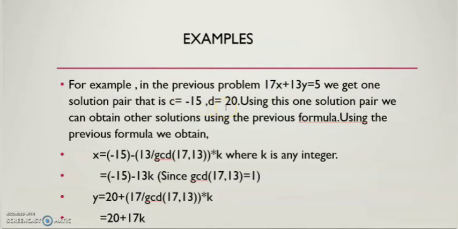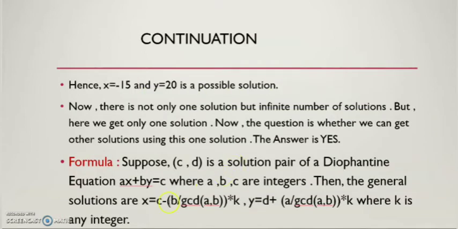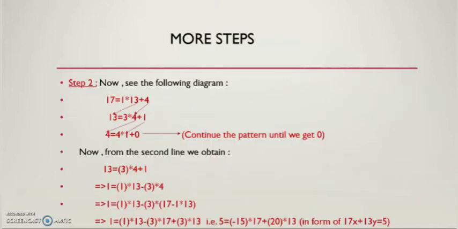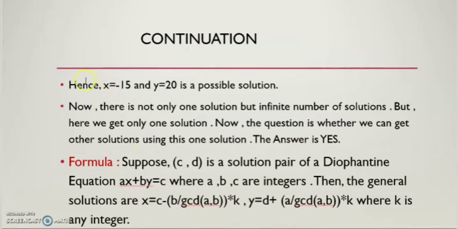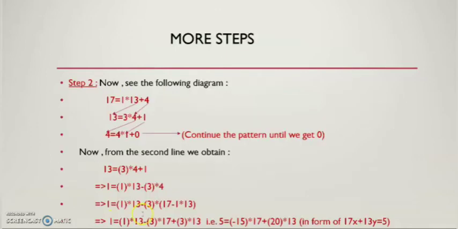So suppose (c, d) is a solution pair. Now x equal to minus 15 and y equal to 20 is a possible solution. We know it. From this slide we have got that x equal to minus 15 and y equal to 20 is a possible solution.